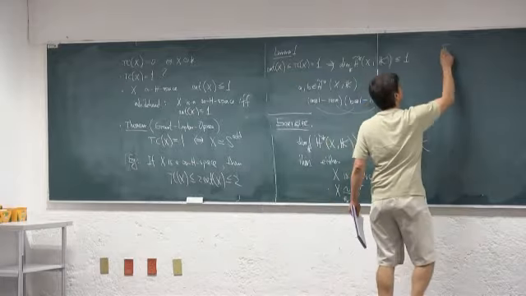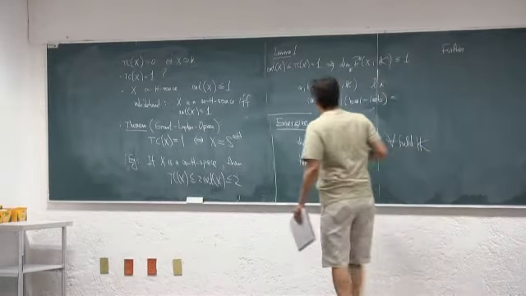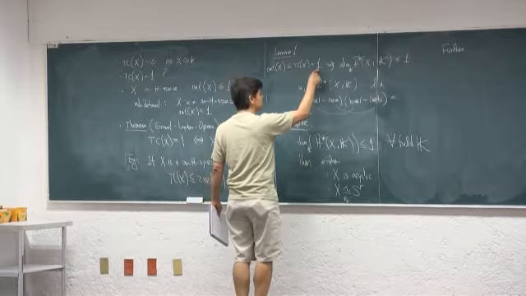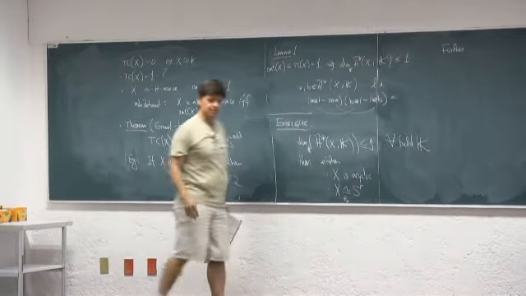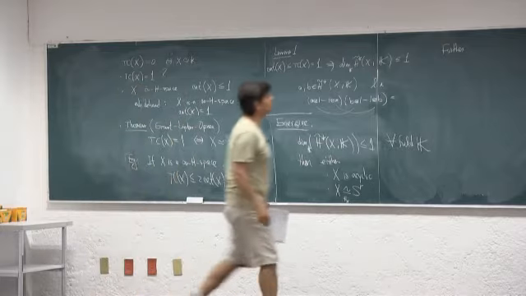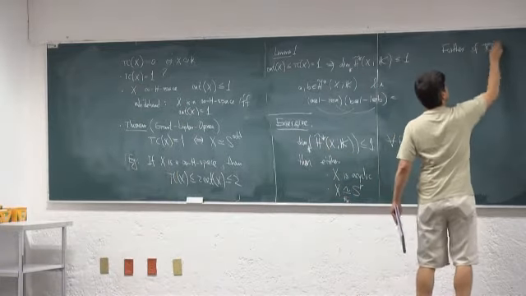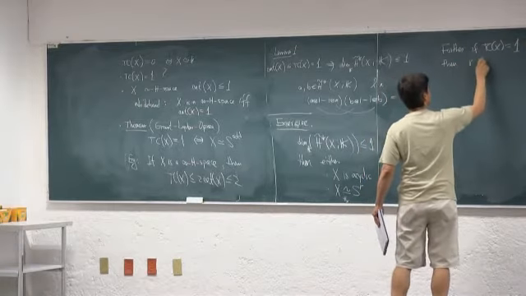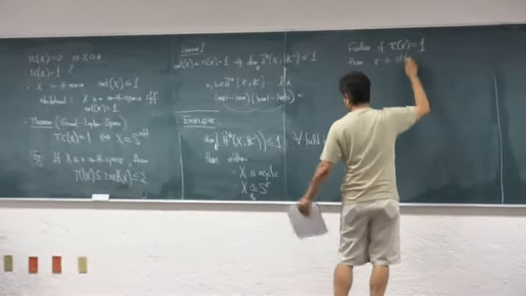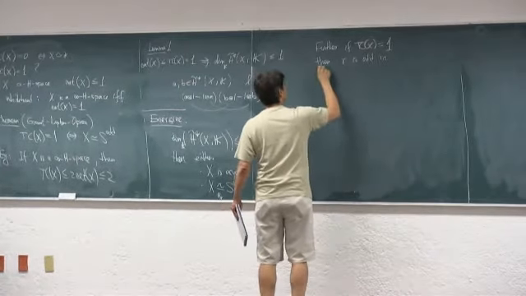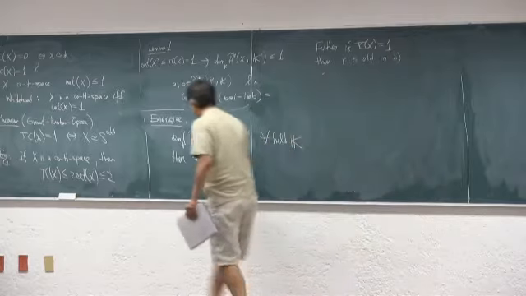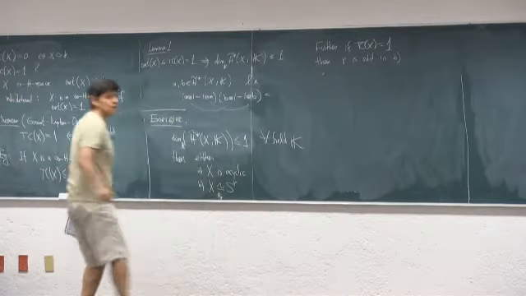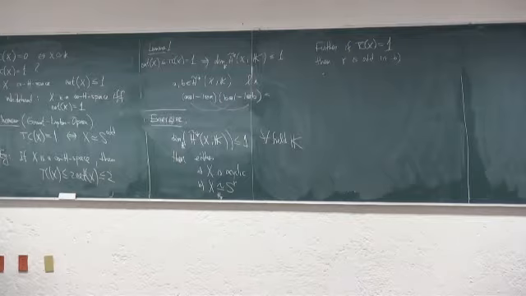Furthermore, if TC of X is in fact 1, so that this hypothesis holds, then r must be odd in the second possibility. Okay, so let me use these two things to prove this result in the elementary case.